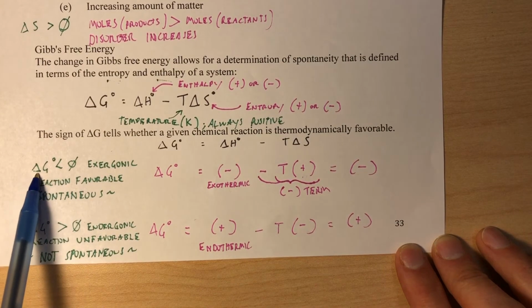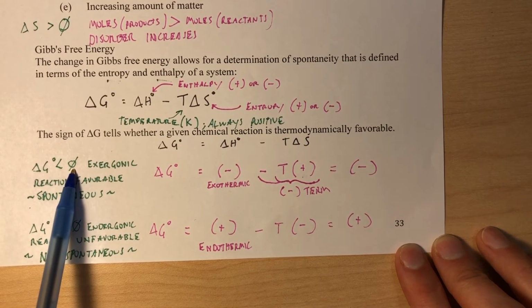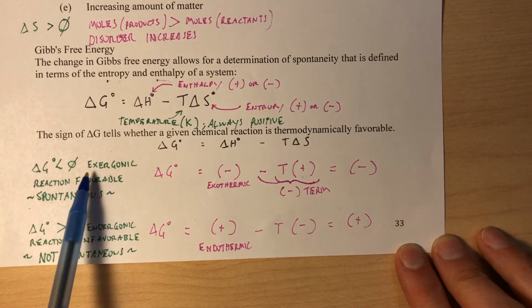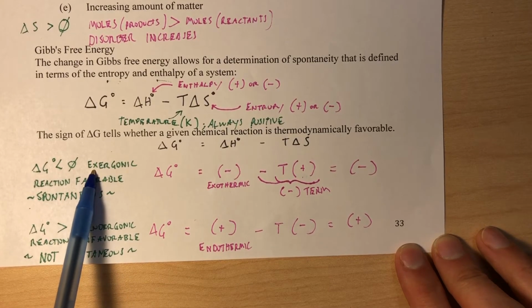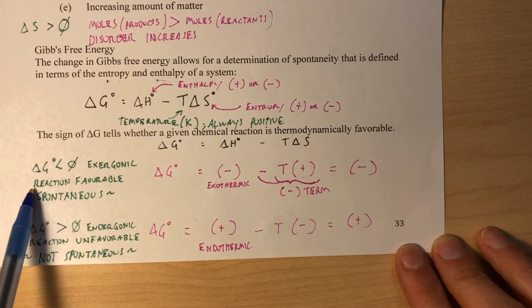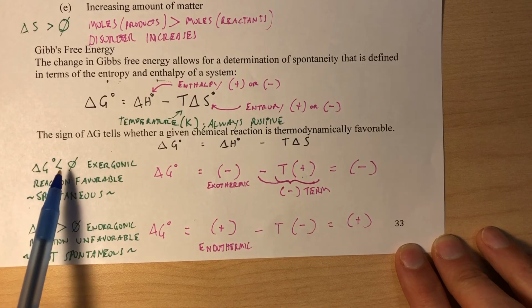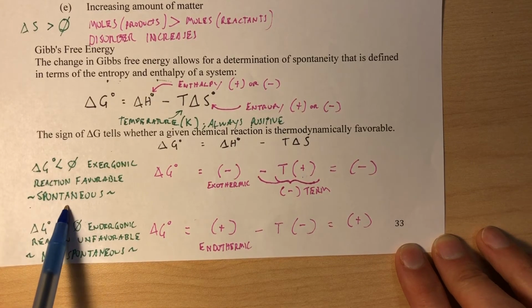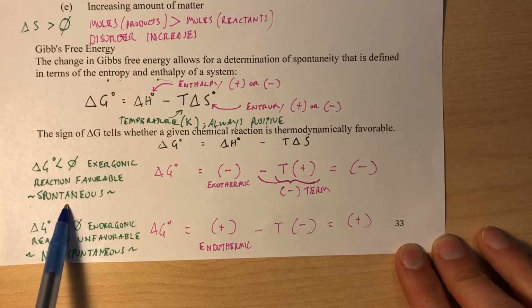In that situation, we have a delta G is less than 0, and we call that exergonic, being negative. So free energy is being released. So we have the same prefix as for exothermic. In this situation, we have a delta G is negative. That is a favorable reaction and it will happen spontaneously.